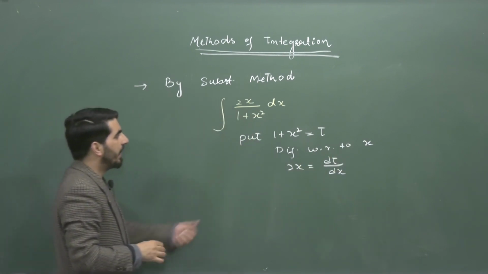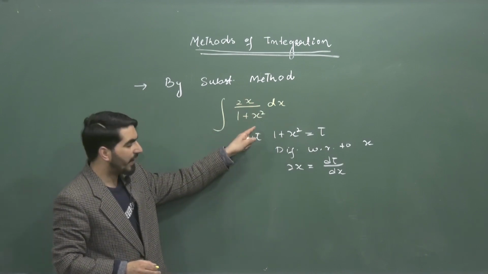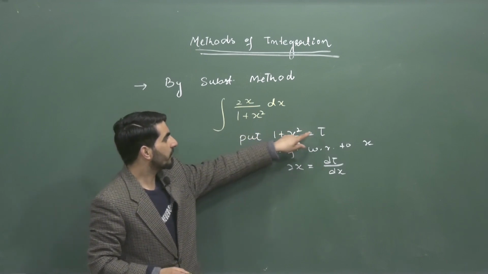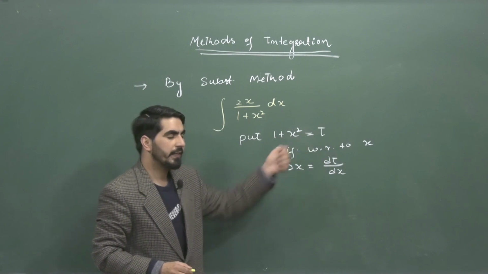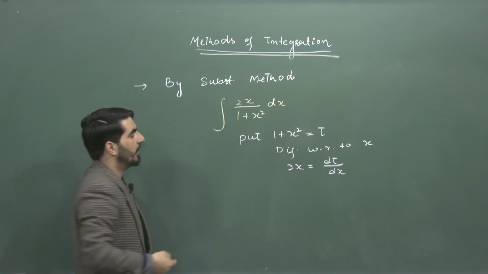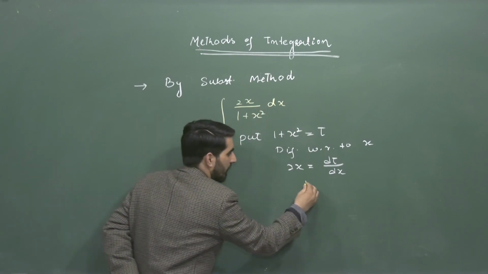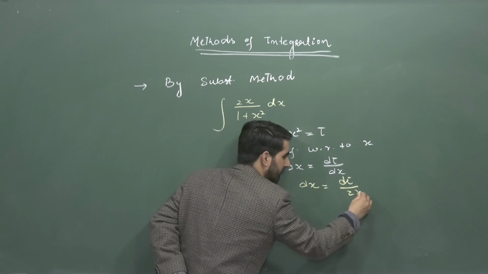Now I am changing the variable from x to t, so that we can find the value of dx. So dx is equal to dt divided by 2x.